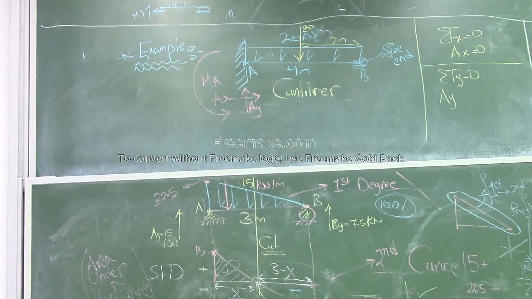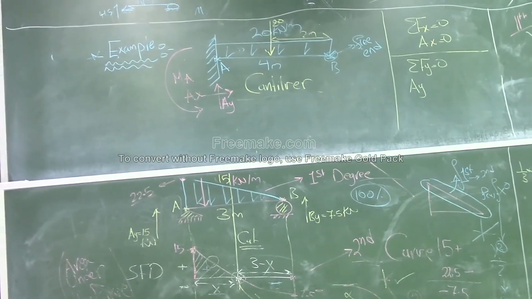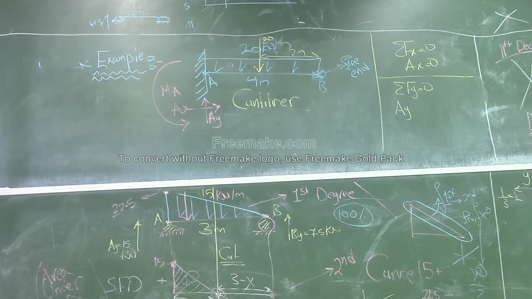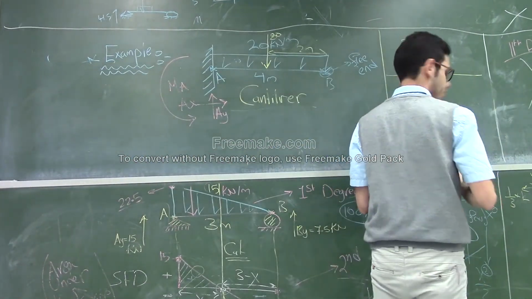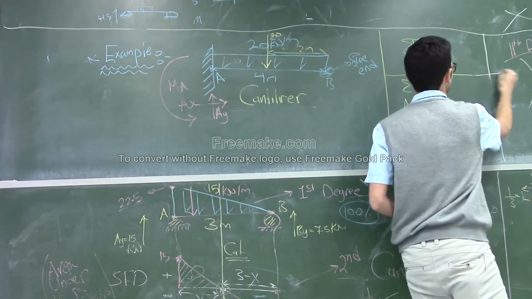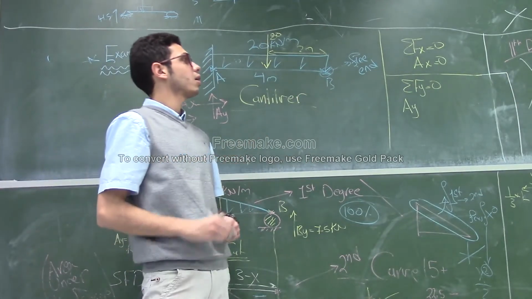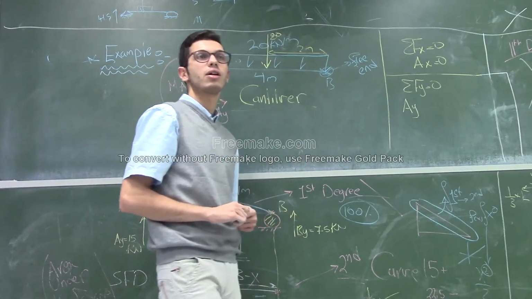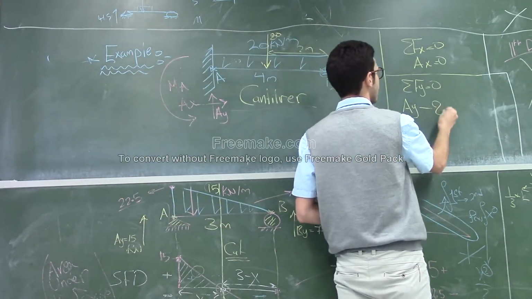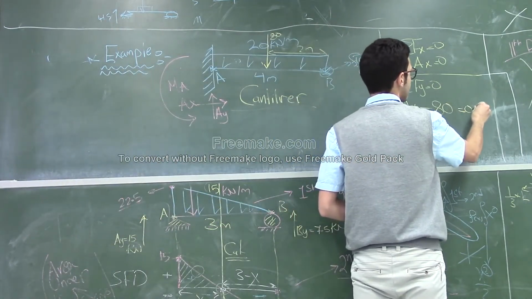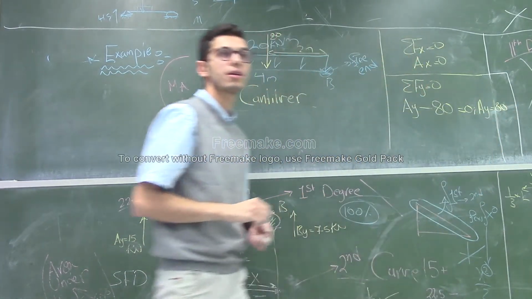Again, we have AY and we have minus 80, so AY minus 80 equals 0. That means that AY should equal 80.